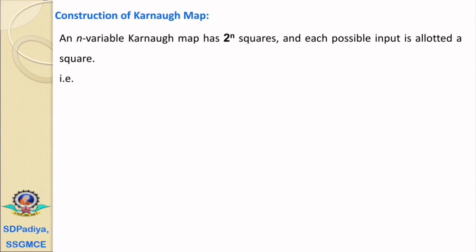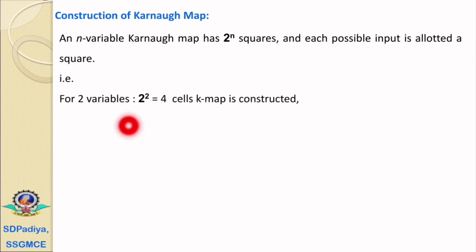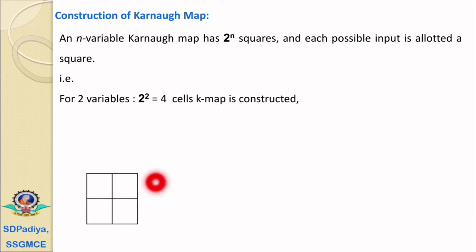Now we'll see about the construction of the K-map. An n variable K-map has 2 raised to power n squares, and each possible input is allotted a square. That is, for 2 variables we construct a K-map of 2 raised to power 2, that is 4 cells, like this.